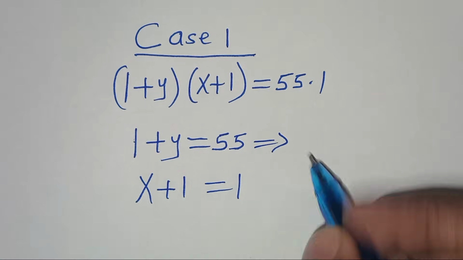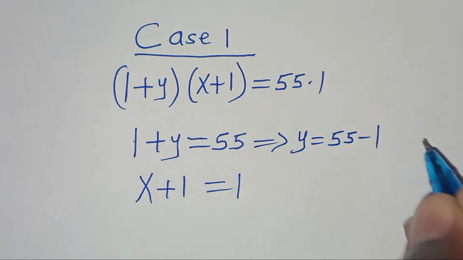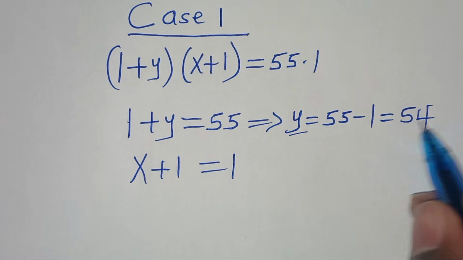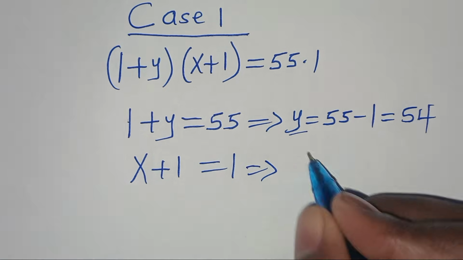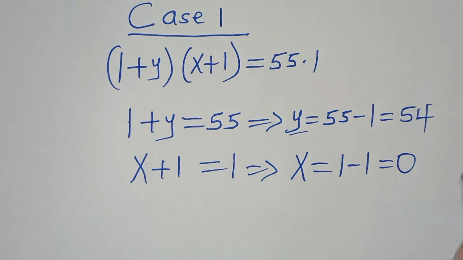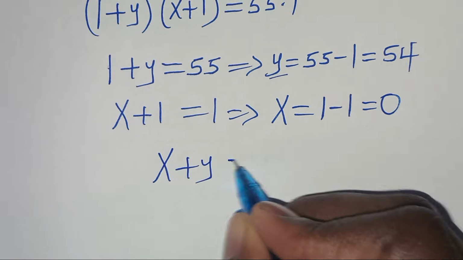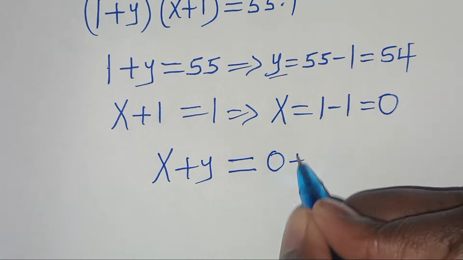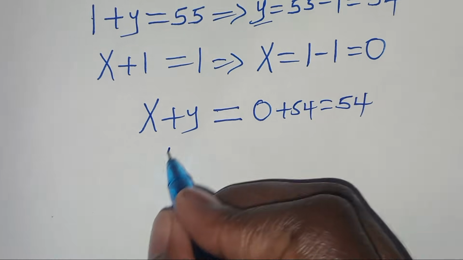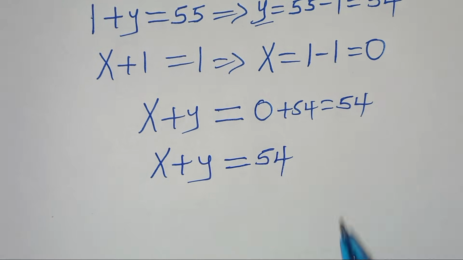So from here, y = 55 subtract 1, which is 54. Here we have x = 1 subtract 1, which is 0. So what is x + y? We have 0 + 54, which is 54. So x + y in case 1 is equal to 54.